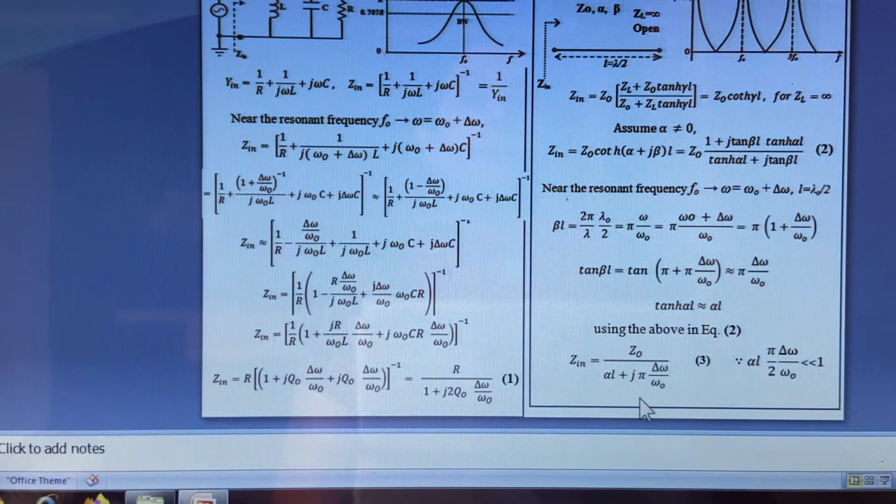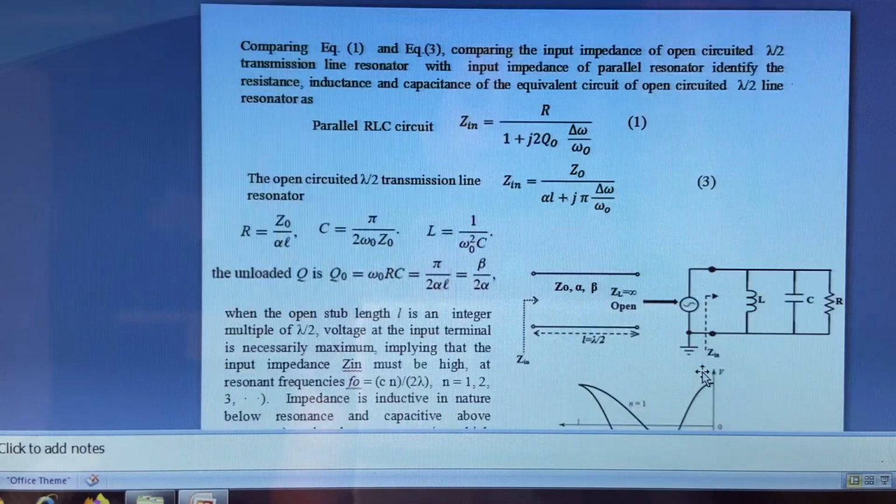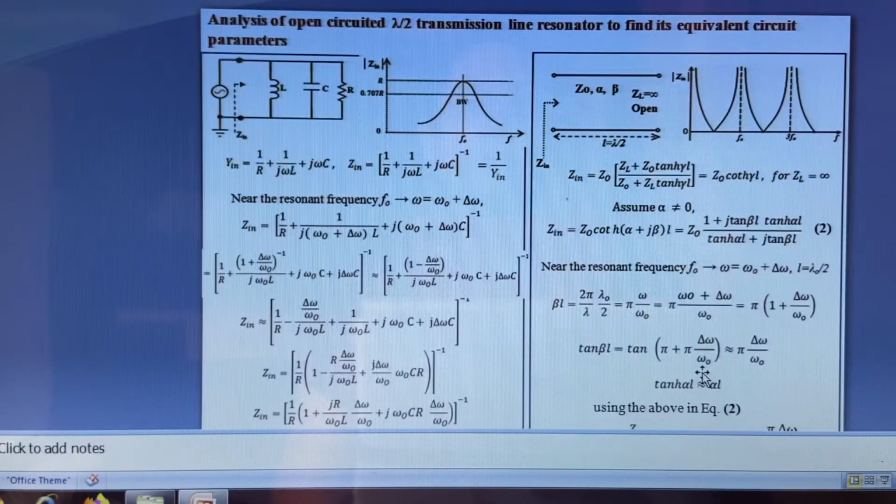Now, because the behavior is the same, the input impedance variations are the same, so we can compare equation 1 with equation 3. By comparing them, we can get the parameters of the RLC in terms of Z0, alpha and beta.